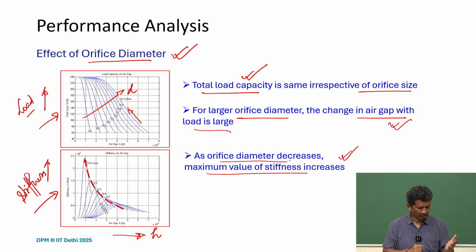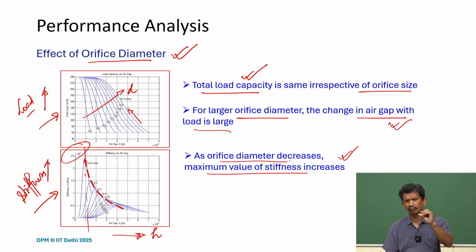We can also understand the order of stiffness. You can see it's very high, 10 to the power 7 Newton per meter. One can imagine the stiffness of these air bearings, but correspondingly, if you look at the air gaps, they are also very small, of the order of tens of micron.